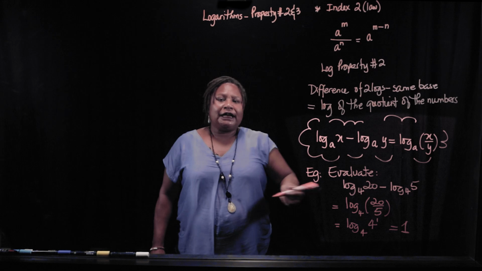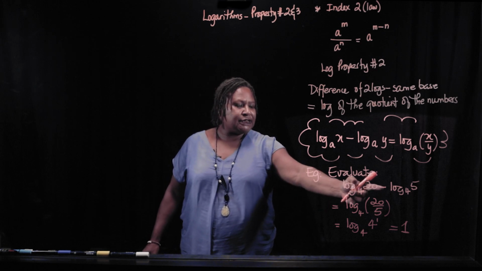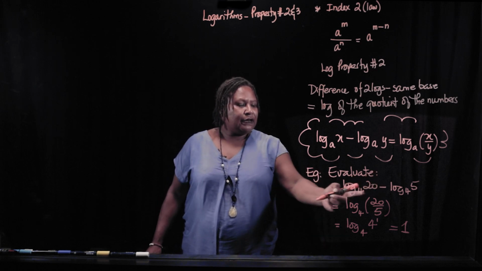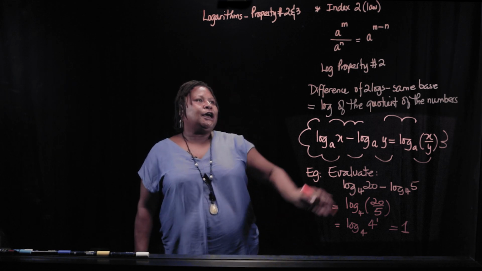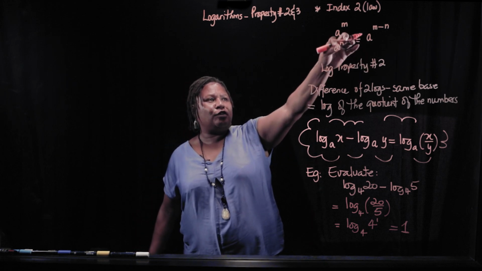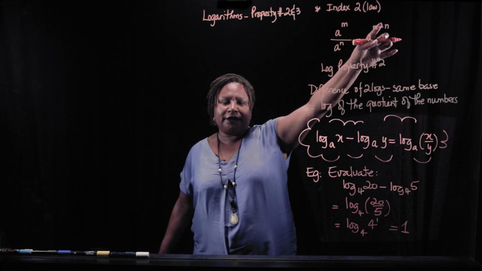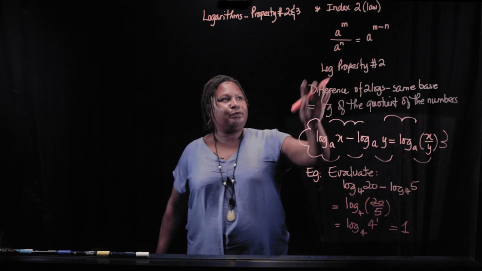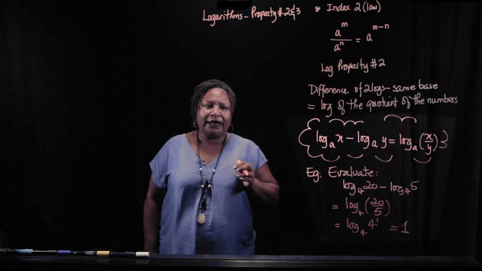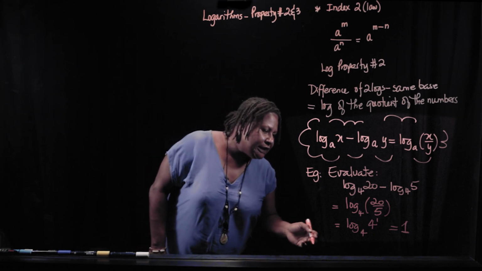As you can see, we are subtracting and the bases are the same. Remember, with division of indices, we subtracted. In logarithms, when you see subtraction, you are going back and dividing. So this is how they are related.